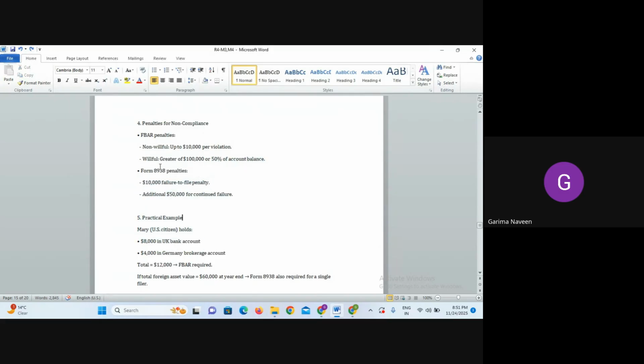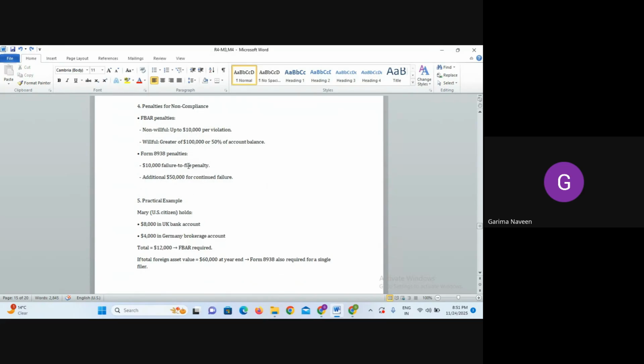For Form 8938, the penalty is $10,000 for failure to file, and an additional $50,000 penalty for continued failure, if you keep not filing this form.